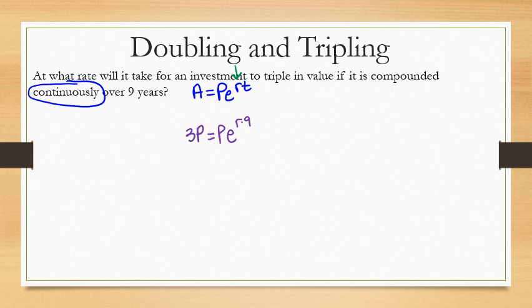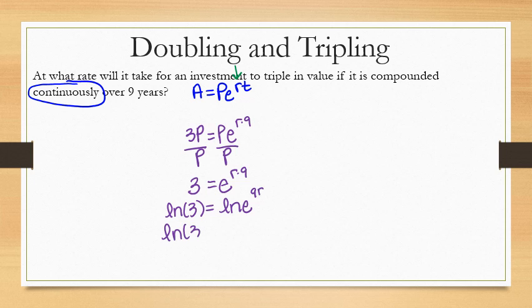So again, this is an exponential problem, so we need to get the exponential piece by itself, so divide both sides by P. And when I do that, I'm left with 3 on the left-hand side and e to the r times 9 on the right. Now that I have that exponential piece by itself, I can take the natural log of both sides.